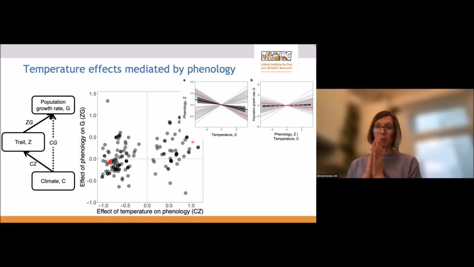To help you get your head around that, I highlighted one study in red, and I hope it's not too confusing that now we are talking about slopes being plotted on the x and y axes for each study. Each point is still a study, but the axes reflect the slopes from the two previous plots.